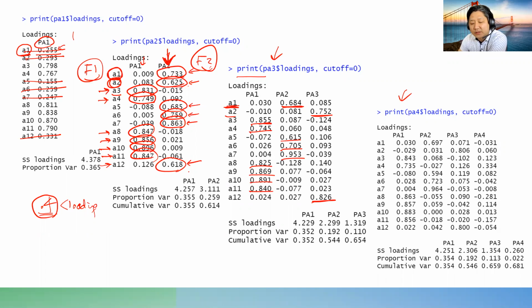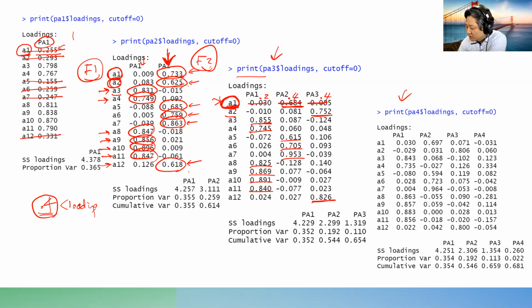But sometimes you may see some cross-loaded items, cross-loaded variables, right? So for example, let's say this is a 0.4 and this is a 0.4 and this is a 0.2. That means this item, this variable, is not clearly classified as a certain factor, right?